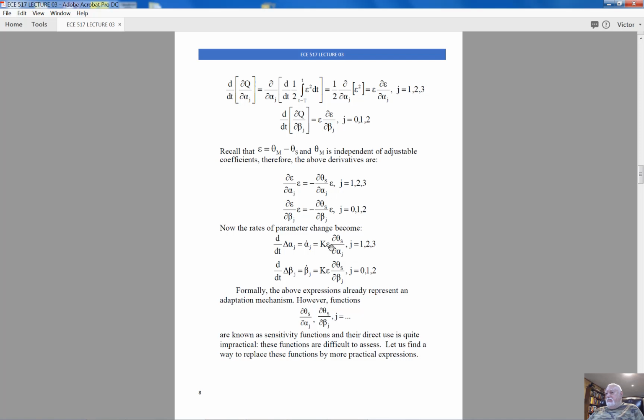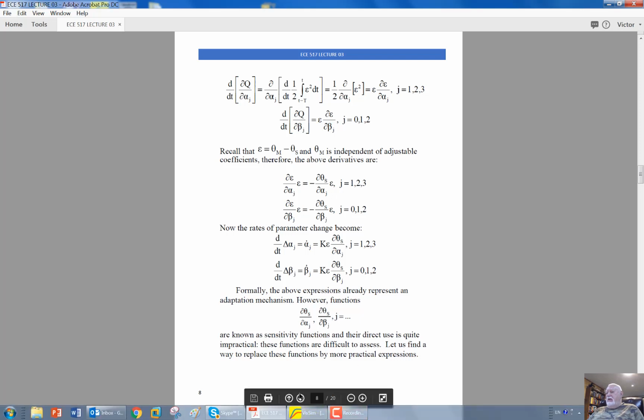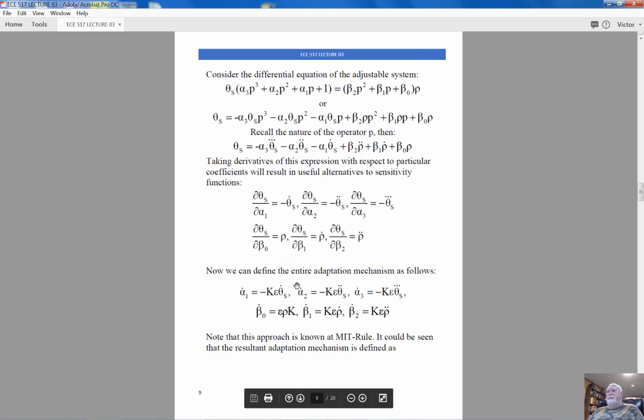However, these functions are derivatives of the output of the adjustable system with respect to parameters of the adjustable system. They are known as the sensitivity functions. And there are many cases when taking these sensitivity functions is not practical. So we may consider working further on these expressions.